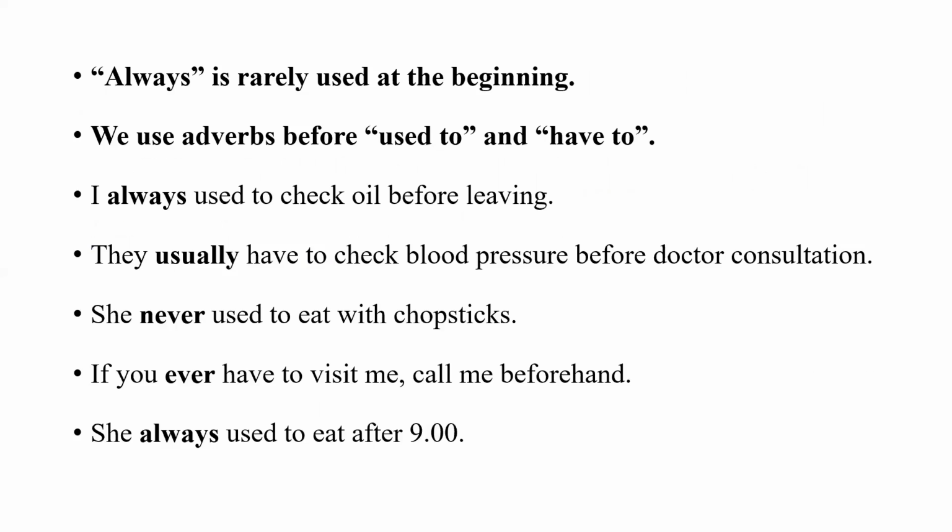Now here you can see I have used the adverb before the phrase used to. They usually have to check blood pressure before doctor consultation. She never used to eat with chopsticks. If you ever have to visit me, call me beforehand. She always used to eat after 9.